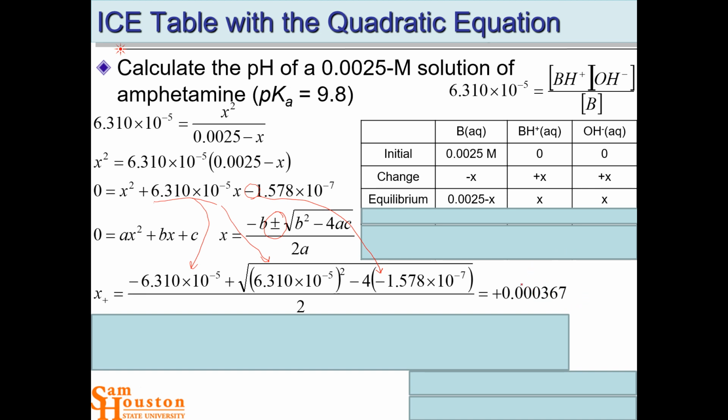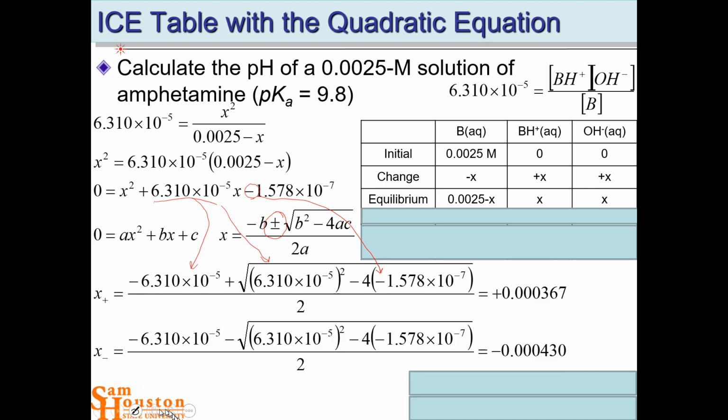0.000367. Now let's do the minus root, so x minus, put in all those numbers, only we have a minus sign here. So I'm going to circle those 2 things. And we get negative 0.000430. So this is pretty clear which one is the good one, because a negative concentration is nonsense. So it's like a vacuum for amphetamine. Any amphetamine near there, it's a vacuum, and it sucks it in.